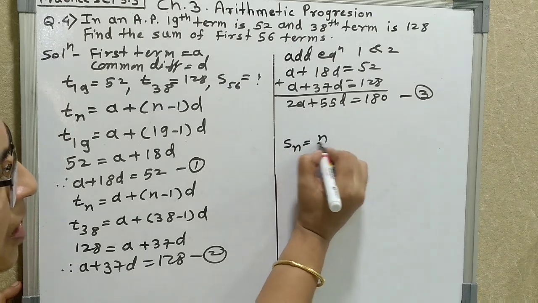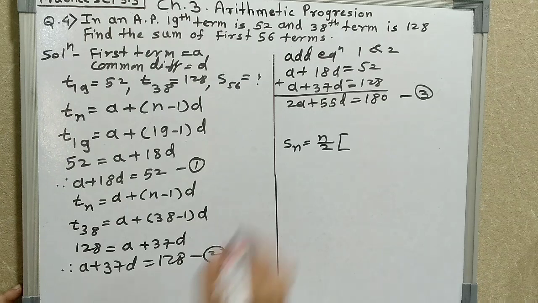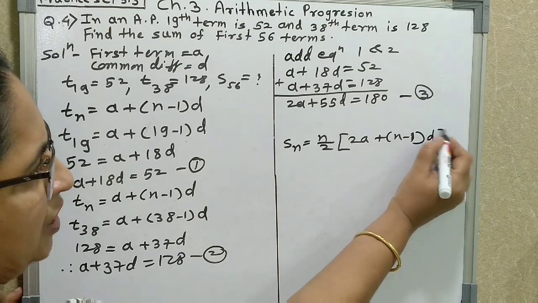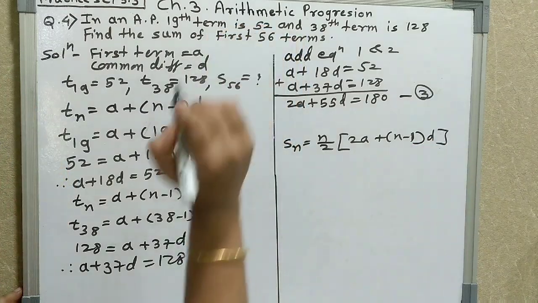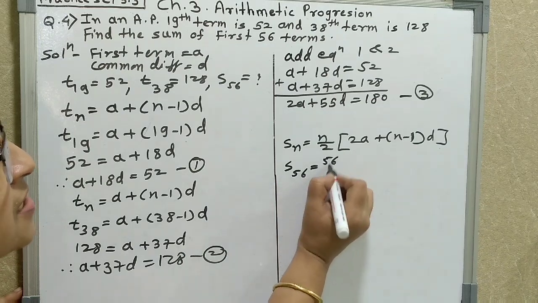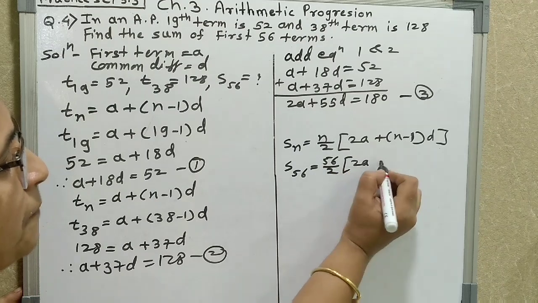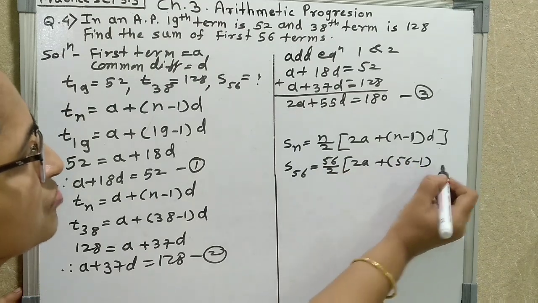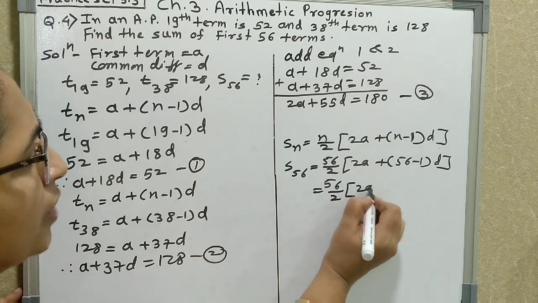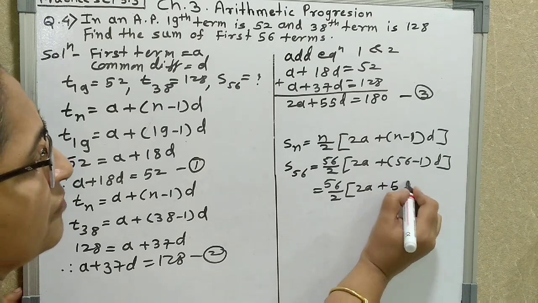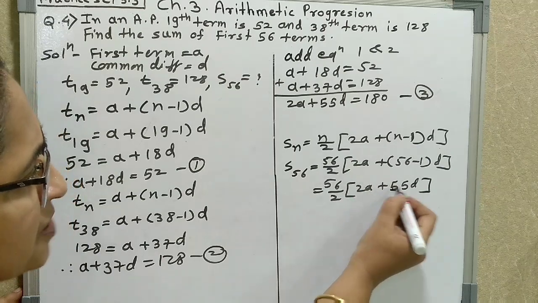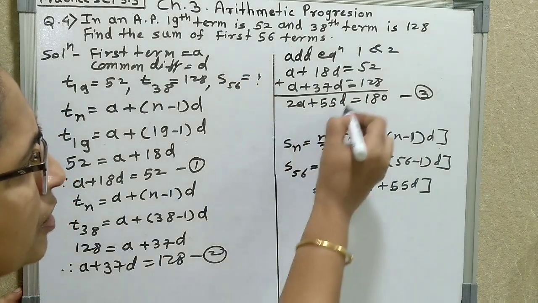Sn is equal to n upon 2, in the bracket 2A plus n minus 1 into D. Now to find S56, n means 56 upon 2, here 2A plus 56 minus 1 into D. So 56 upon 2, 2A plus 55D. See this value 2A plus 55D in equation number 3.